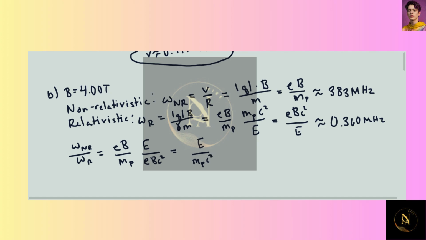So the difference between the two is going to be this factor. If you just use the two values we have up here, you get that the non-relativistic frequency is about 1070 times bigger than the relativistic frequency. So this is why it's important to use the correct relativistic forms for relativistic particles.